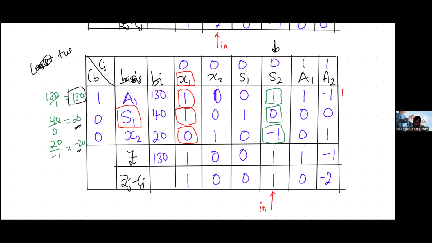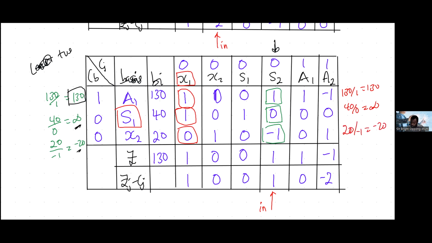And say that it is 130 divided by 1, which is 130. 40 divided by 0, which is infinity. And 20 divided by -1 is -20.